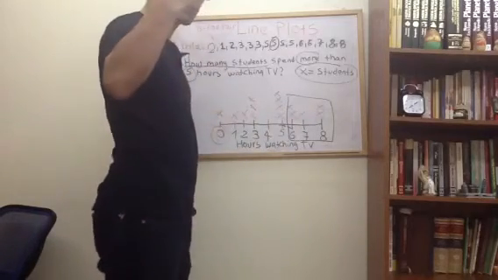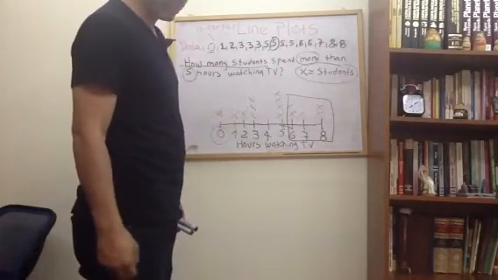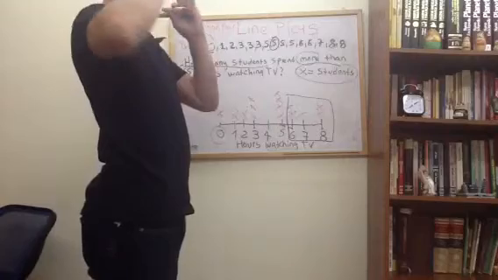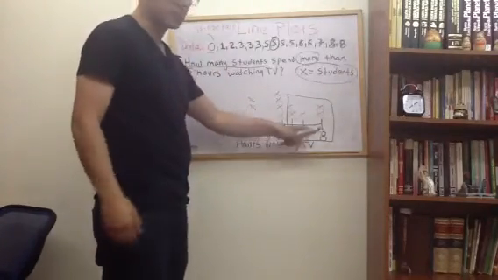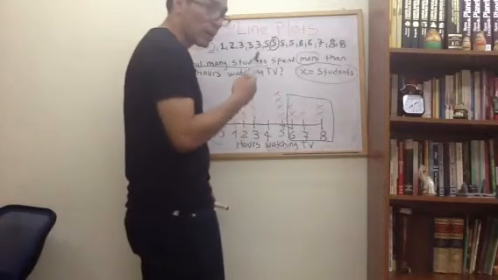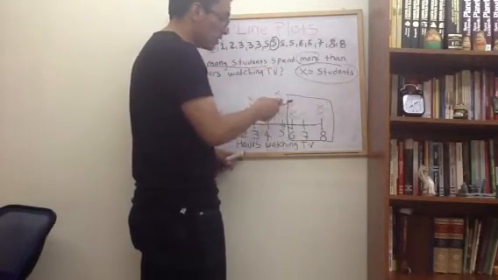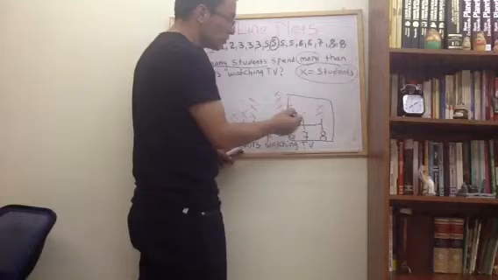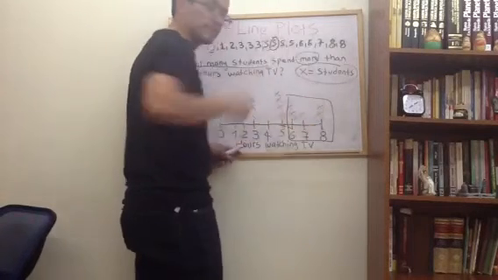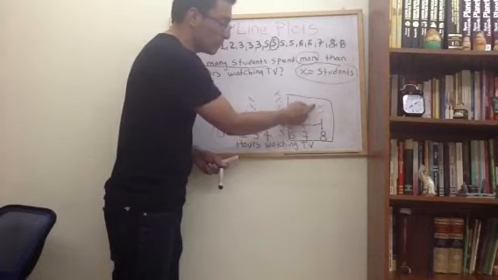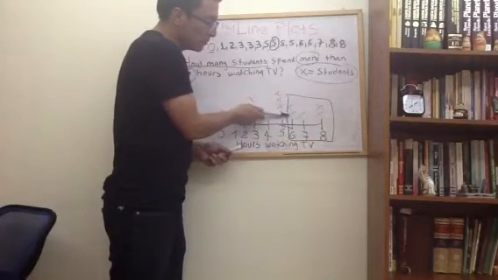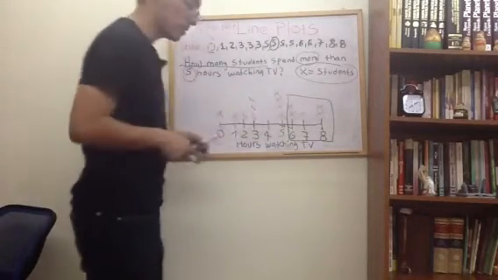And 2 people watch 8 hours. Since they're asking more than 5 hours, that means 6, 7, and 8, I'm going to count all the x's in total. In total, 1, 2, 3, 4, 5.